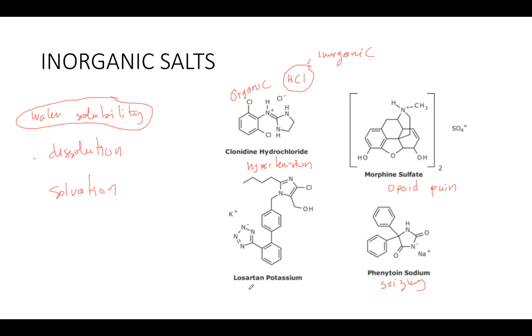And losartan potassium, which can be used for hypertension as well. Okay, so as we mentioned before, you have a salt that is formed between the drug molecule and an ion from the inorganic compound that was used to react with the drug molecule.